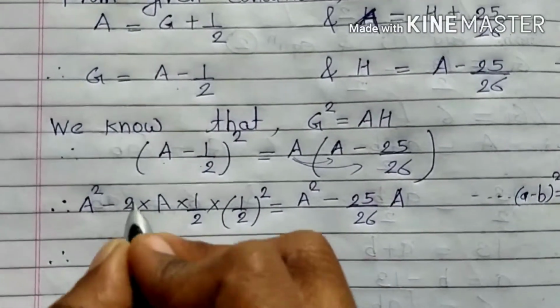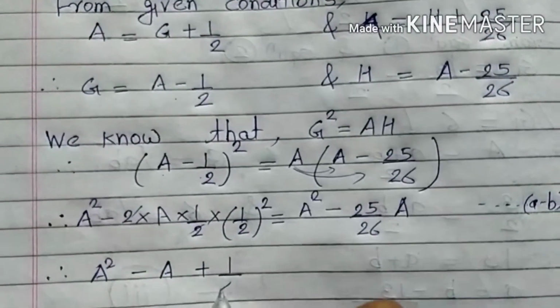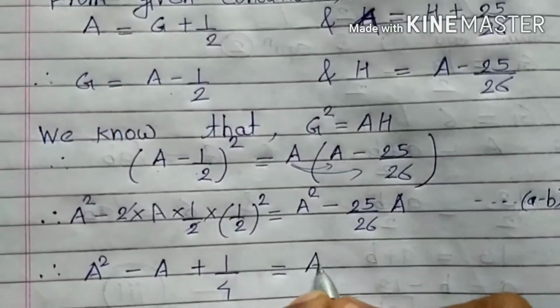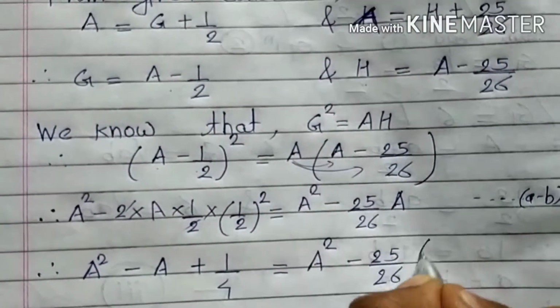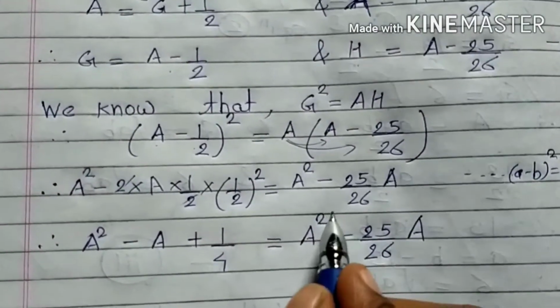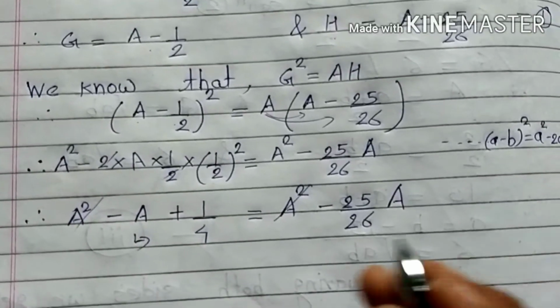Now solve this. So a² − a + 1/4, the 2 gets cancelled, which is equal to a² − 25/26 into a. Now this a² and this a² cancel, and −a goes to the RHS.